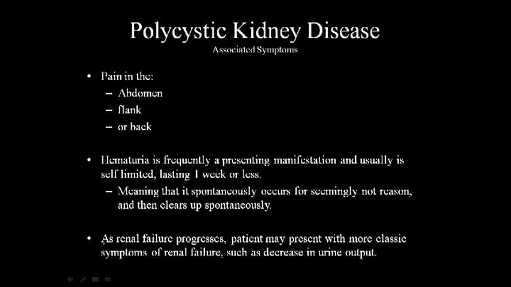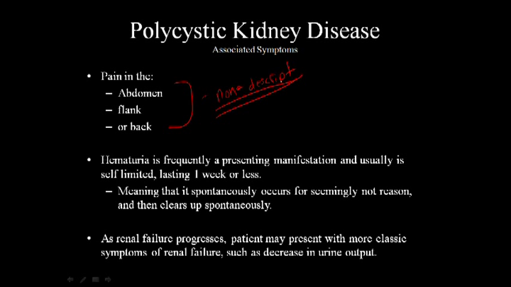So the way that patients present with polycystic kidney disease is, number one, they may have pain in the abdomen, flank, or back. But as we've discussed, many of these symptoms can be defined as other symptoms as well. So kind of nondescript.